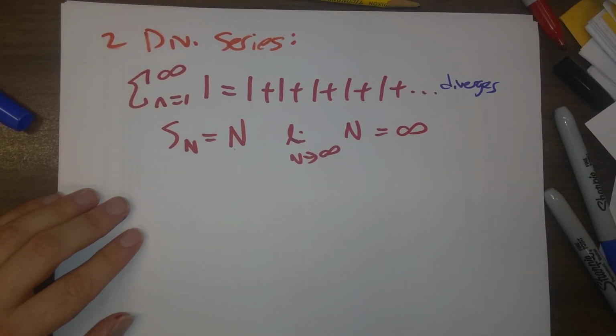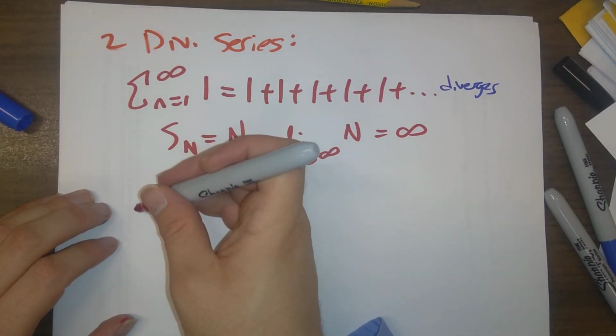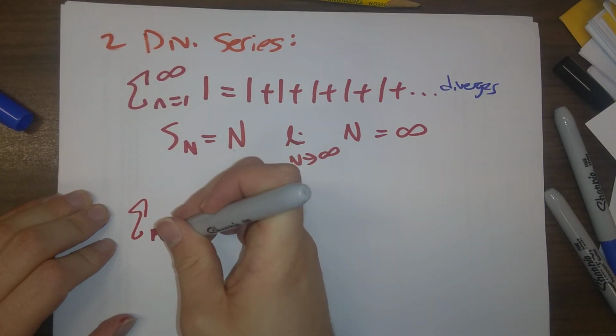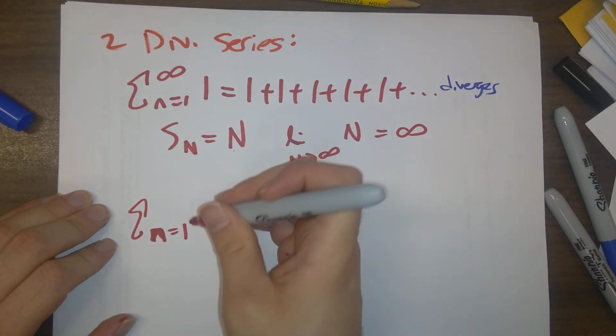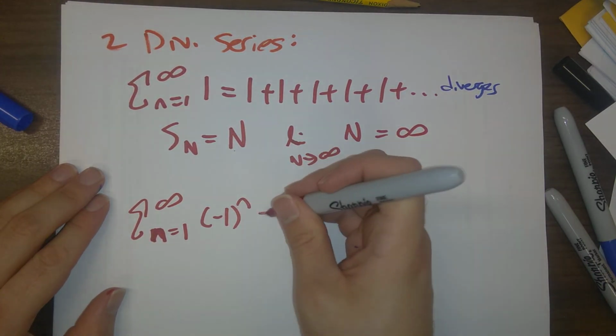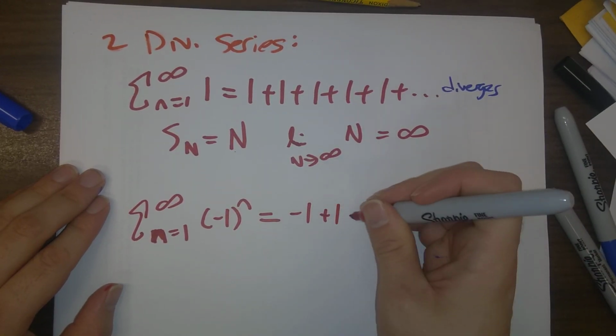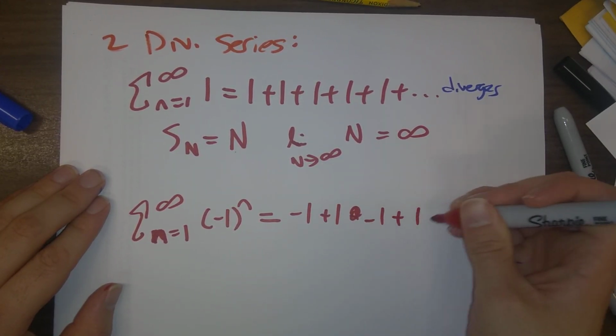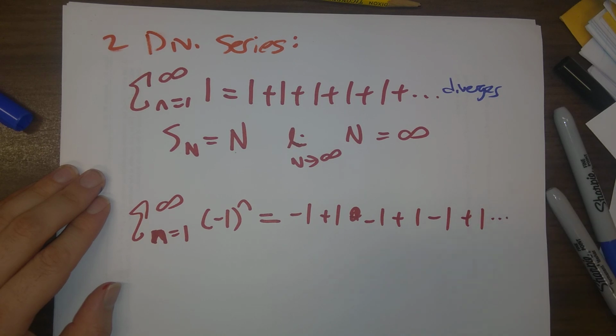A different type of series that diverges goes in a different direction. The sum from n from 1 to infinity of minus 1 to the n. So this is going to be minus 1 plus 1, minus 1 plus 1, minus 1 plus 1, and so on and so forth.